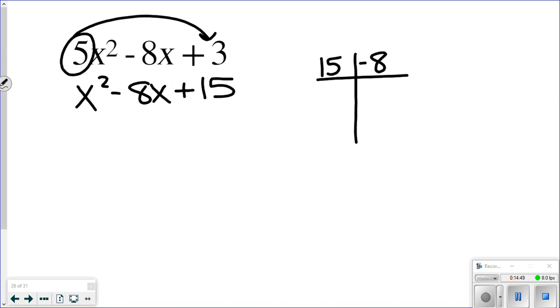All right, practice doing this one on your own. Both of these factors have to be negative.